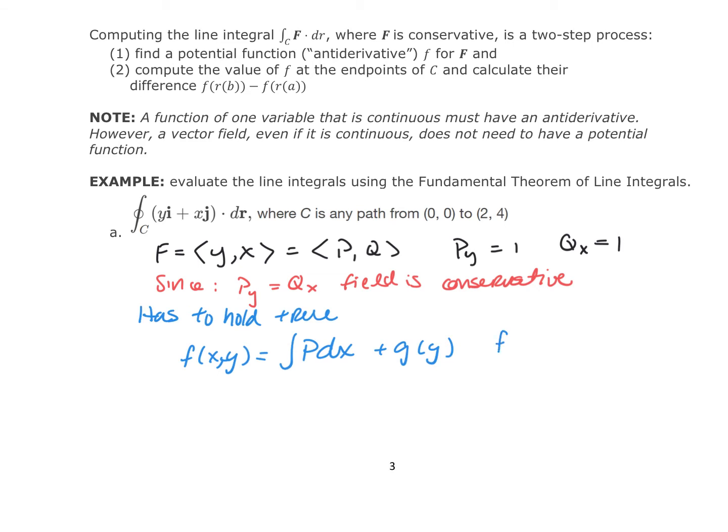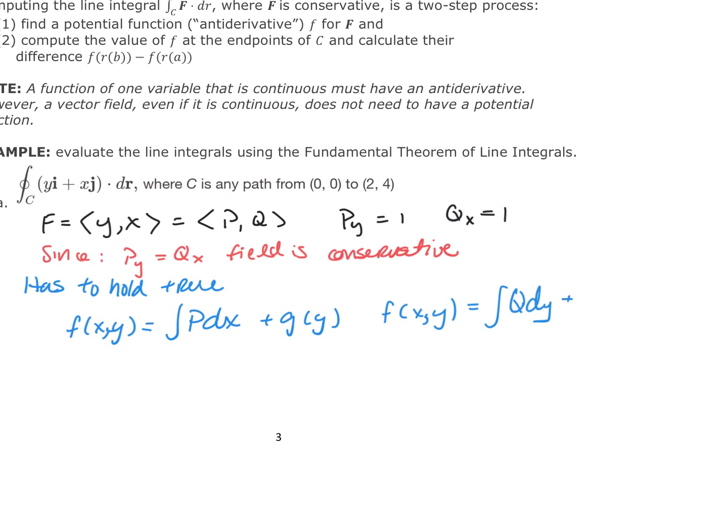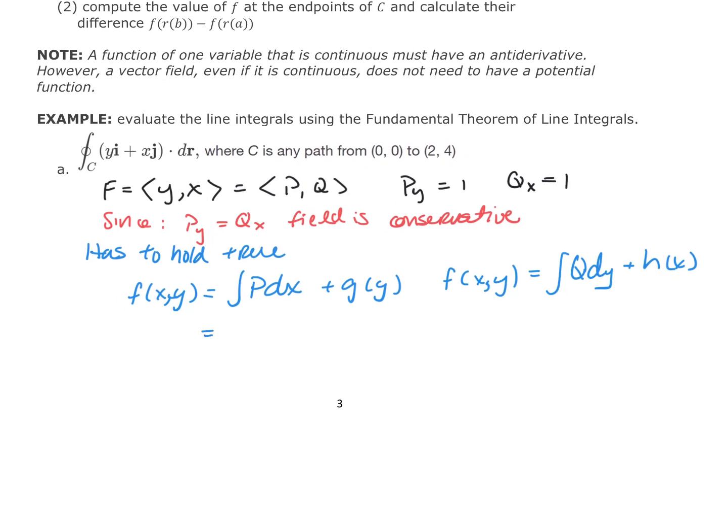Simultaneously, f of xy has to be equal to the integration of q with respect to y plus some function of x. So these both have to hold true for this to be a conservative field. So let's go ahead and do this.